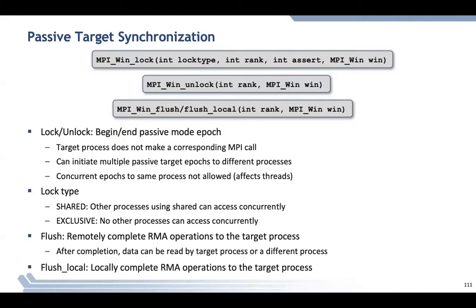If another process is also doing a lock and unlock to the target, and both of them have chosen a shared lock, then their puts and gets can happen in an interleaved manner at the target window. If they choose an exclusive lock in the lock type argument, then it will be ordered in some way. One of them will have its entire set of operations between the lock and unlock happen first, and then the other, and they won't be interleaved.